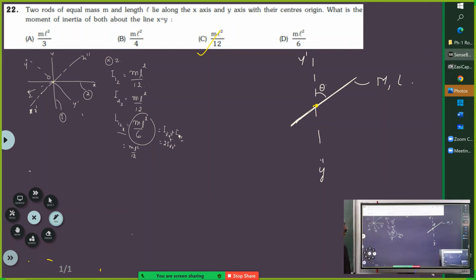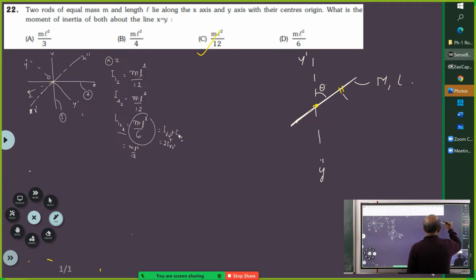At a distance x from the center, we take a small element dx, and we can find the mass of that element and the perpendicular distance from the axis to that element. So I will just mark it here. You have taken this small element here.